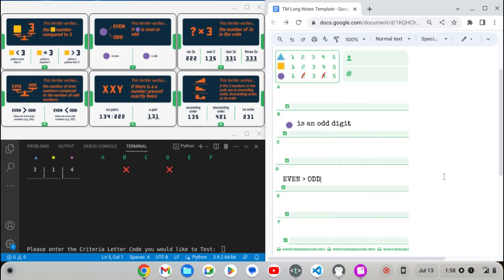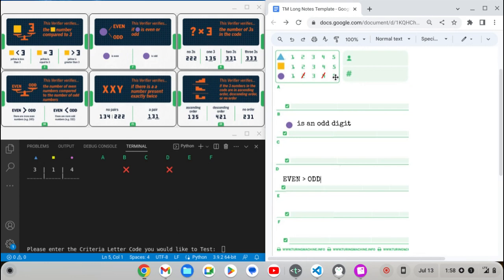So what that means is that we actually have two possibilities. Either we do have two evens to a single odd, or potentially we could have all three even. Well, actually, now that I look back, I notice that circle is, in fact, odd.